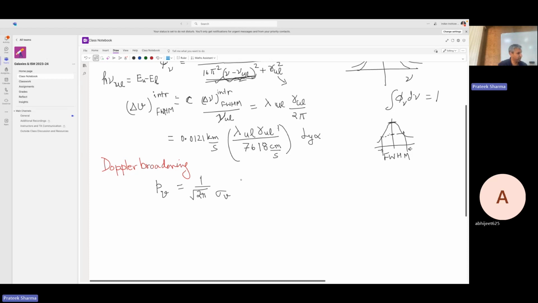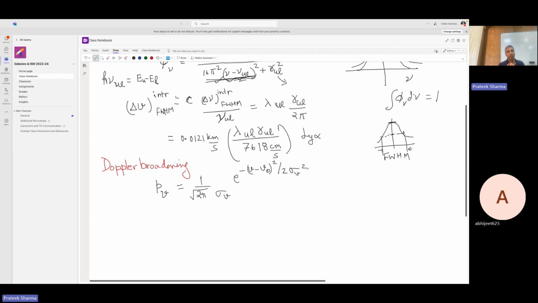So 1 by square root of 2 pi sigma v, e to the minus (v minus v naught) whole squared by twice sigma v squared. Right. So this is a normalized Gaussian PDF for one dimensional distribution of speeds.